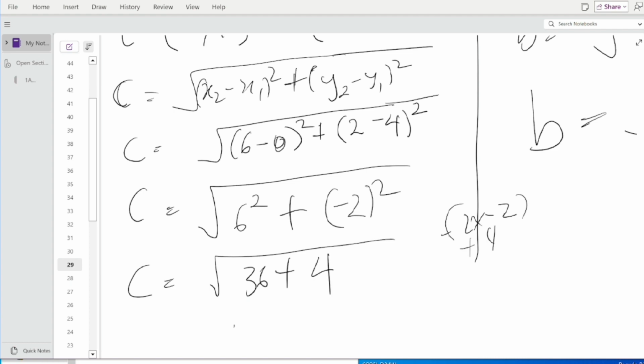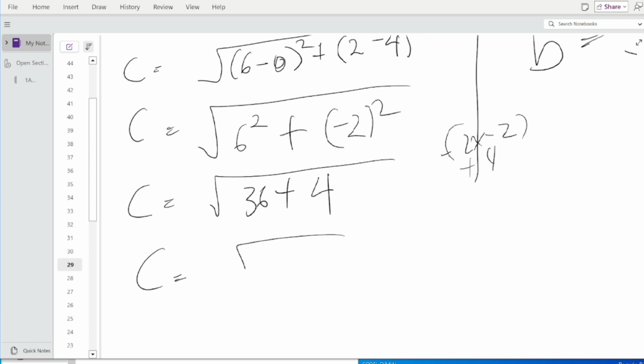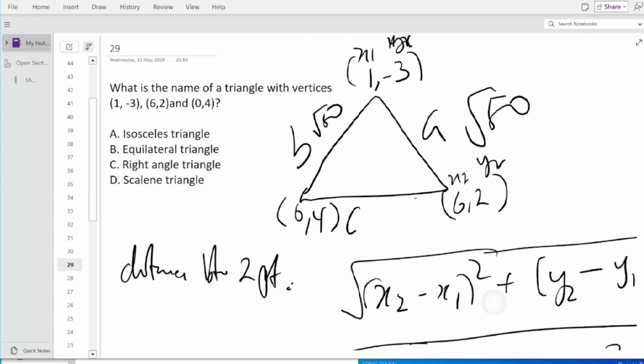Our C is equal to the square root of 40, since 36 plus 4 gives you 40. So we have our A to be the square root of 50, our B to be the square root of 50, and our C to be the square root of 40. This one will give us a smaller answer when we find the square roots, and the other two will give us the same answer. So these two sides are equal, and this one is different. This is therefore an isosceles triangle, and our answer is A.